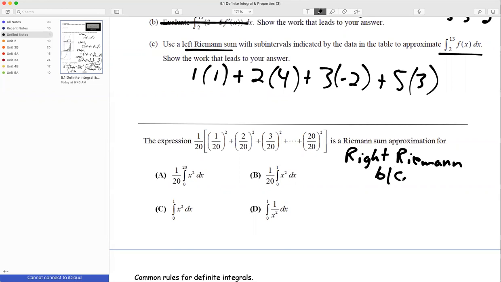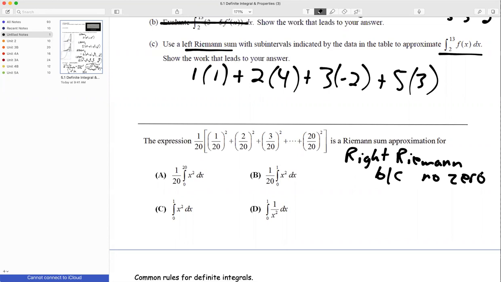Because it does not start with 0. So if it's a right Riemann sum, what are the bounds? It goes from what to what? 0 to 1. How do you know it is 0 to 1, Jackson? Because it ended with 1. It started with the value right over 0. Okay, so when you say it ended with 1, you're saying that the last value here is 20 over 20, which is 1.